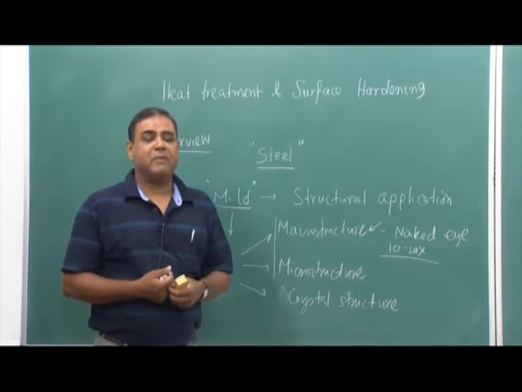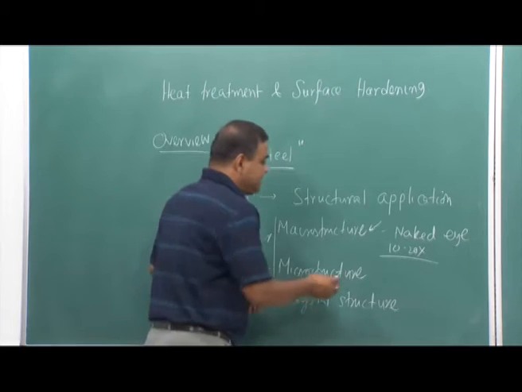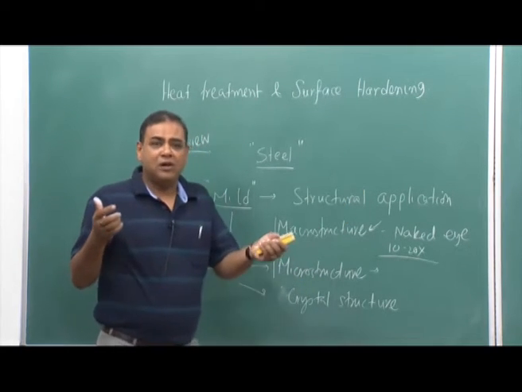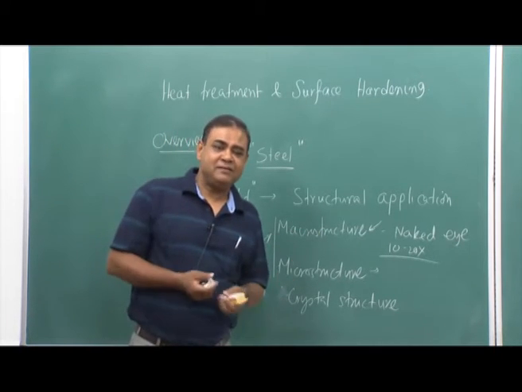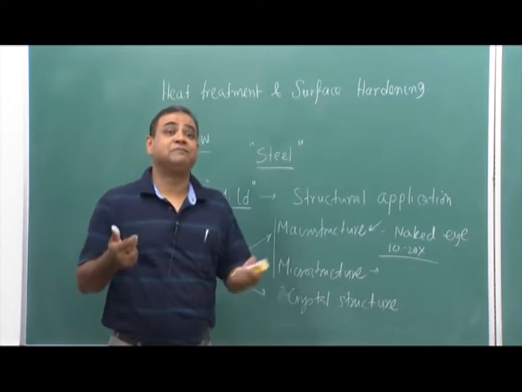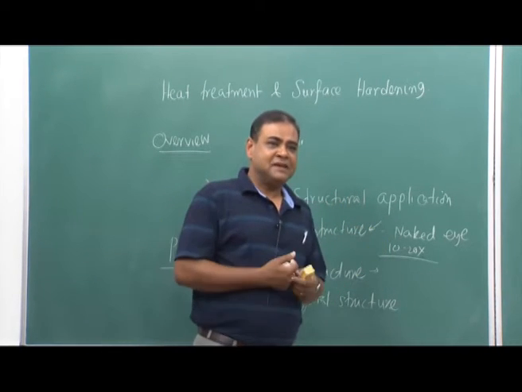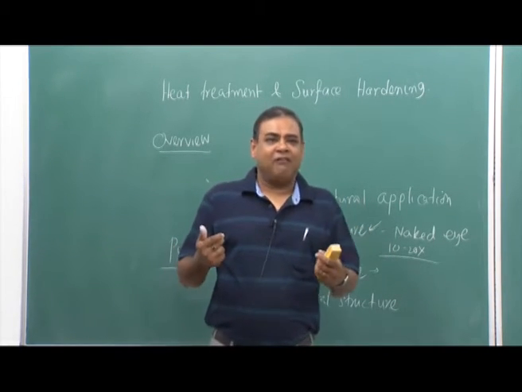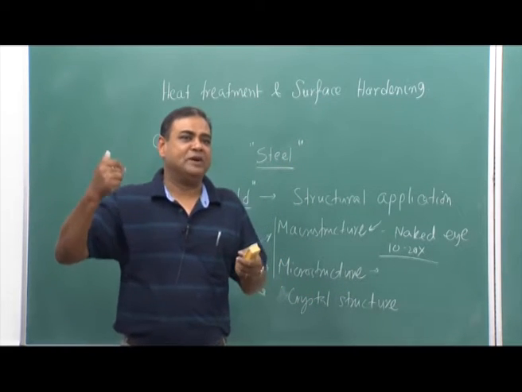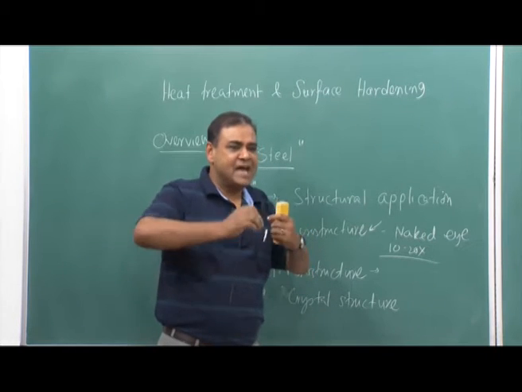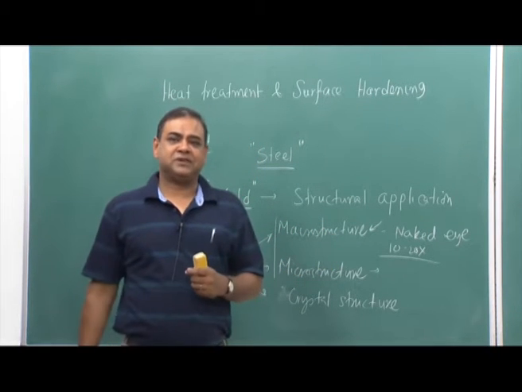We need a microscope. It can be a very small magnification, say 50x, or a very high magnification, up to 1,000,000 times. That means we have an entire range of microscopes.